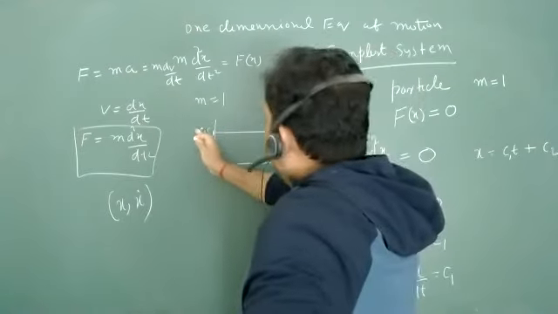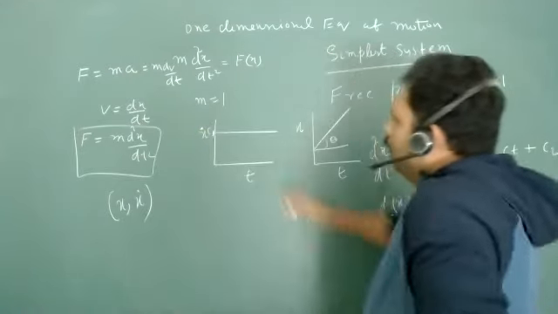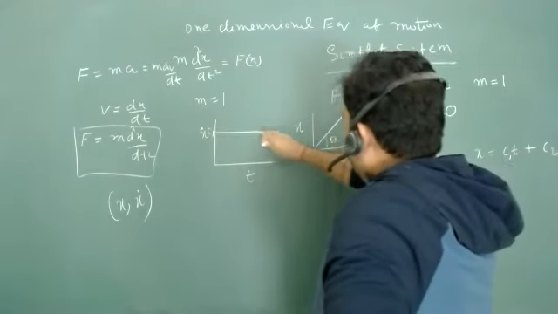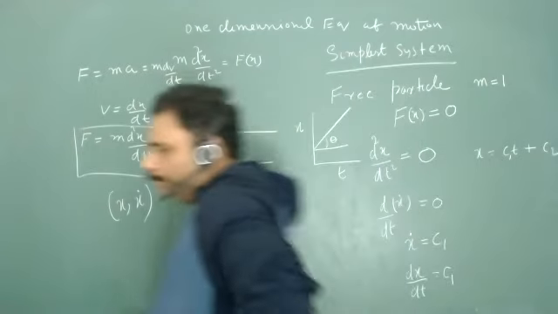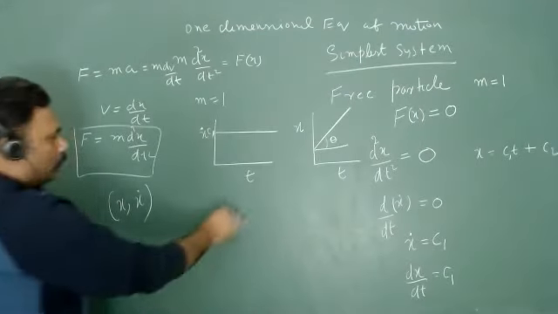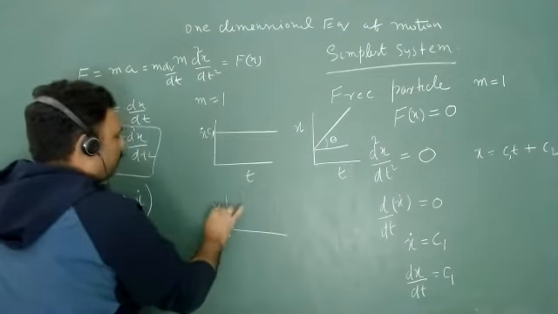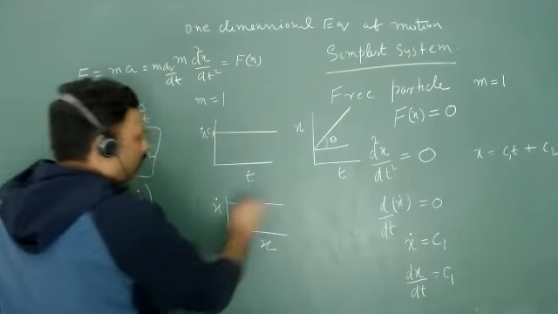This is how your momentum or speed varies with time. Every time you have the same constant momentum, and the particle moves linearly. And if you want to plot x dot versus x, then this value is also constant.